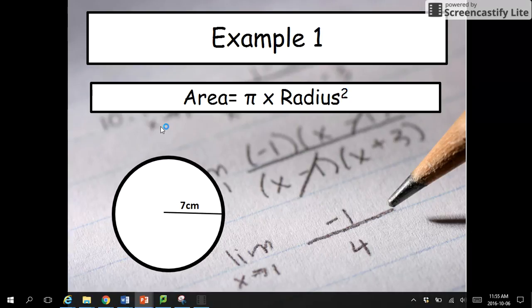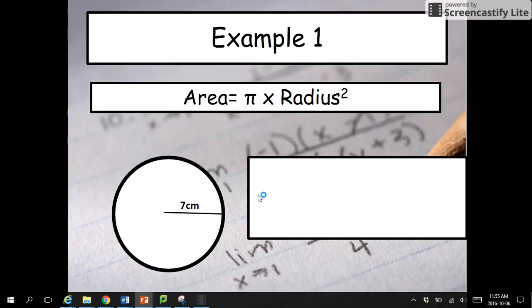So here I have a circle. This is the radius because it only comes from the center and out, and it's 7 centimeters. So I've got to go pi times 7, because that's my radius, squared. And that's going to give me my answer. So we go area, pi times 7 squared. So we go pi times 49, because we know that 7 times 7 is 49.